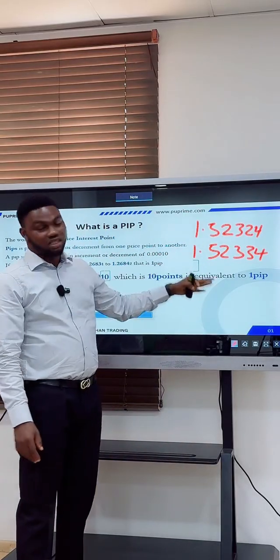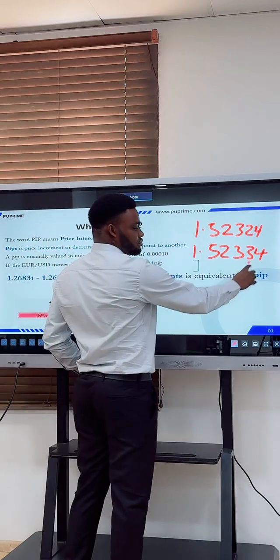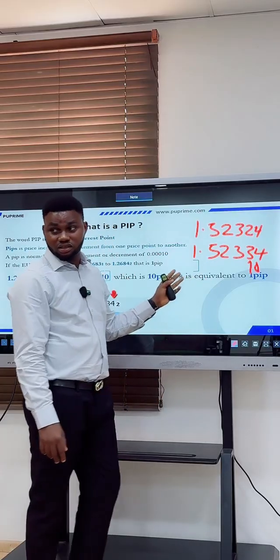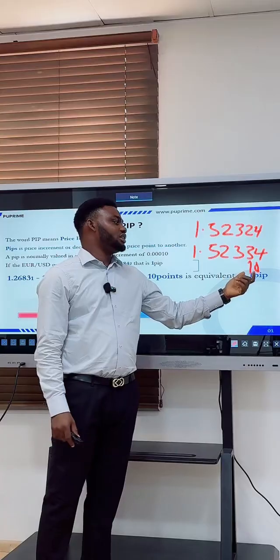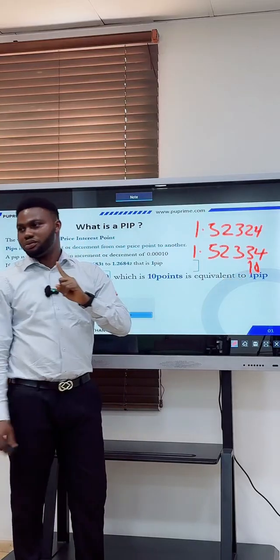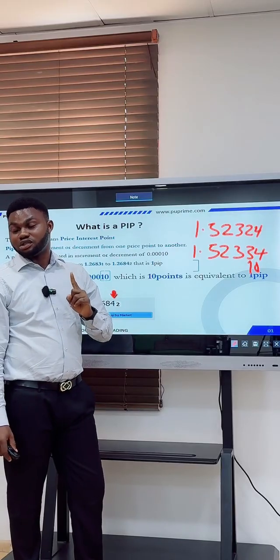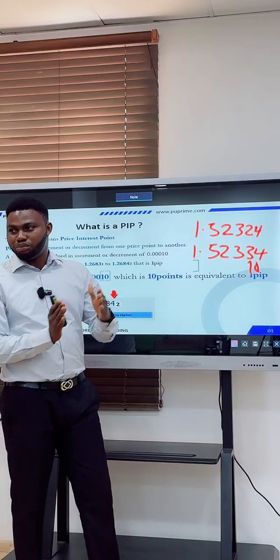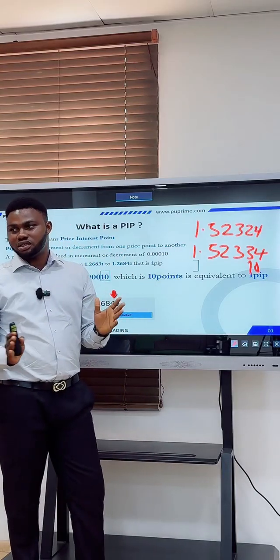The difference between these is simply 10. That 10 points is equivalent to 1 pip. That means the price has moved by 1 pip, either up or down. It could be either way.